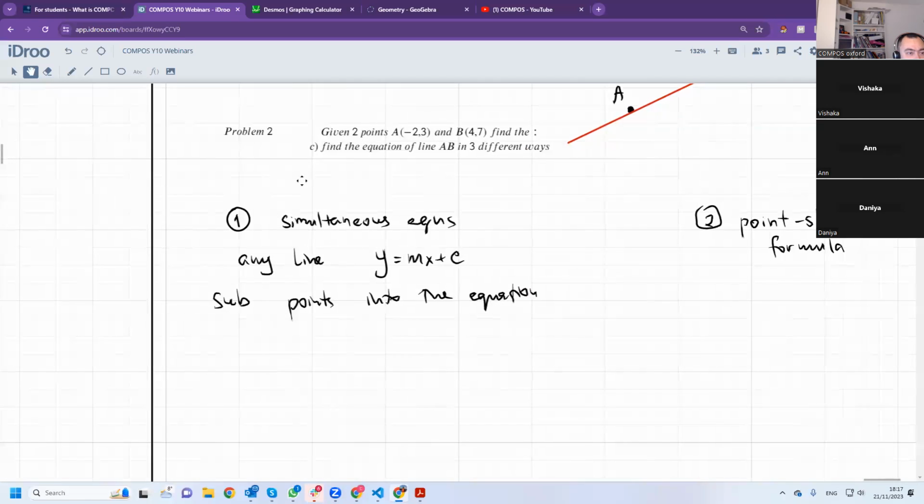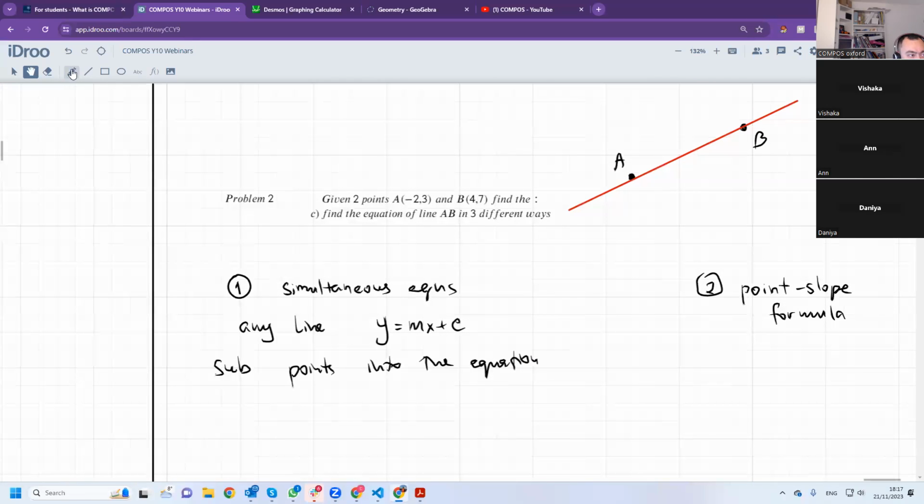We know that the line passes through point A, so the coordinates of point A satisfy this equation. That means 3 is equal to m multiplied by -2 plus c. That's the first equation. And we know that point B satisfies the equation, so we substitute this into here.